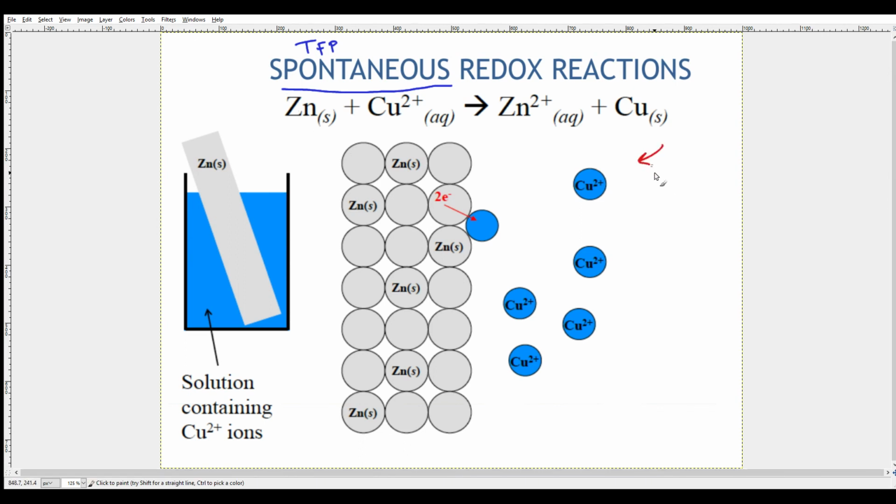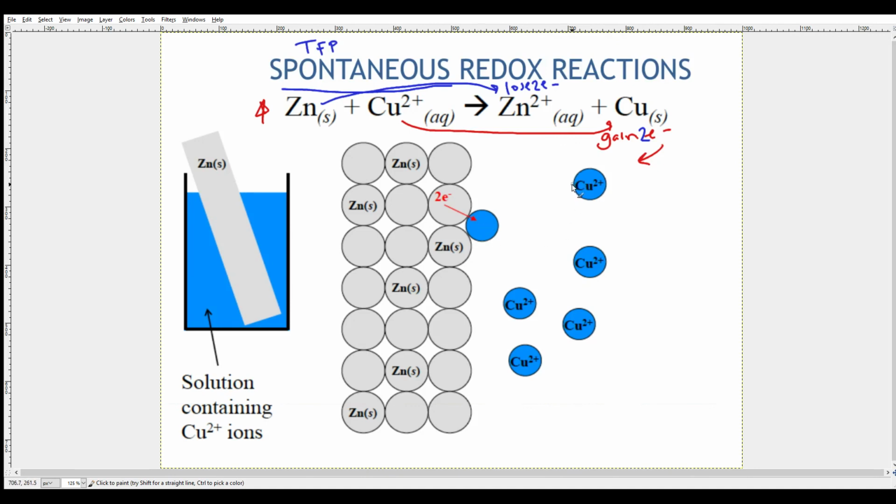Here's a zoomed in version. And notice how in our equation here, copper is going to want to gain electrons, while zinc is actually going to lose electrons, 2, to be exact.